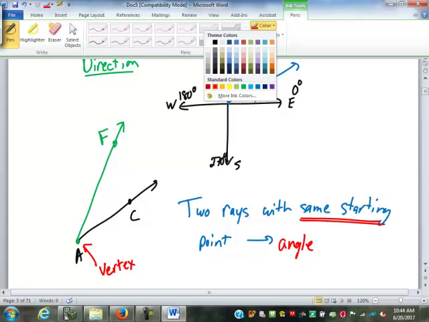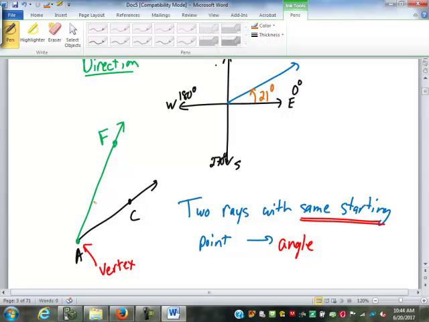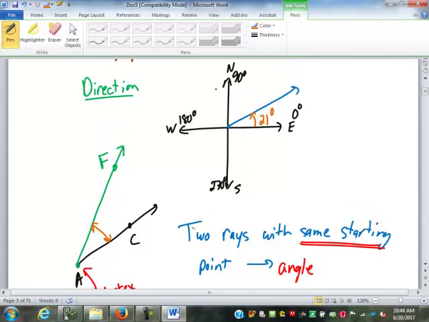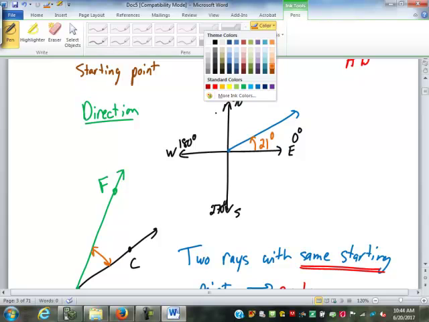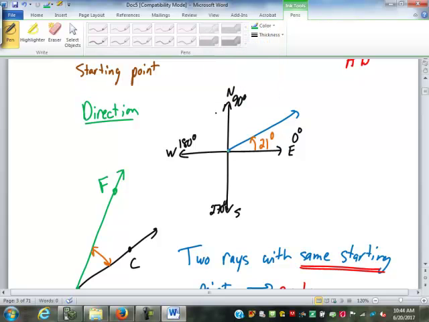Now, many of us have measured angles before. You know, the angle is your rotation between the two sides here. The technical definition of the size of an angle comes from this direction up here. So let's put ray AF on here. Let's say it goes like that, and let's say its direction is 68 degrees.